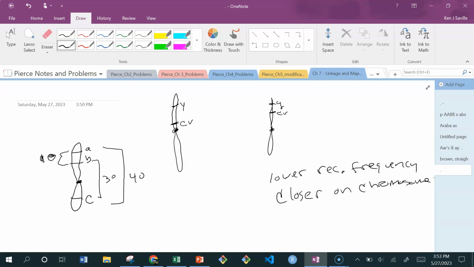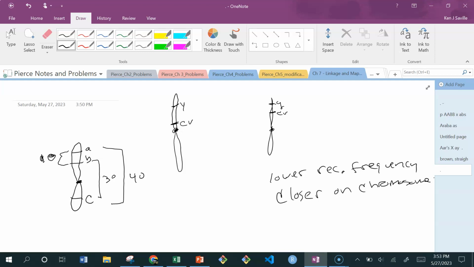So the first thing to do is to figure out the recombination percent between two genes. And that's the genetic distance between those genes all the time. Then the next thing to do is if you have a bunch of genes, you can make genetic maps.